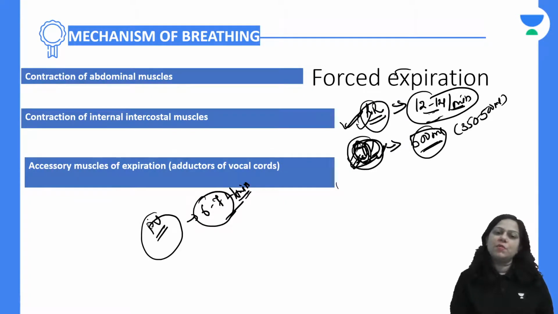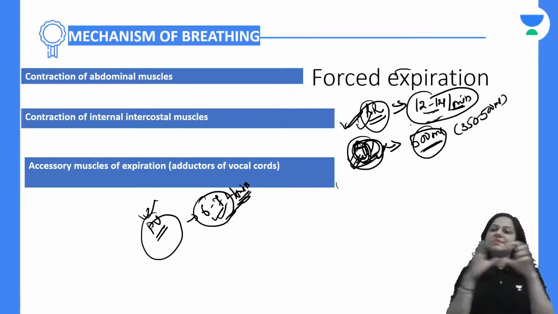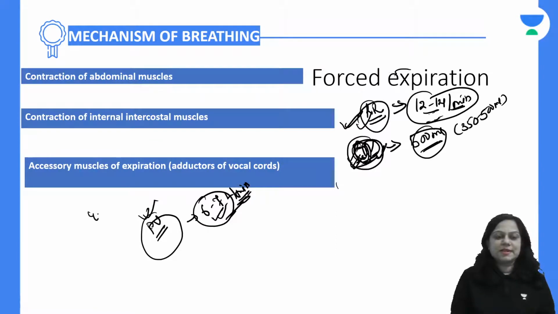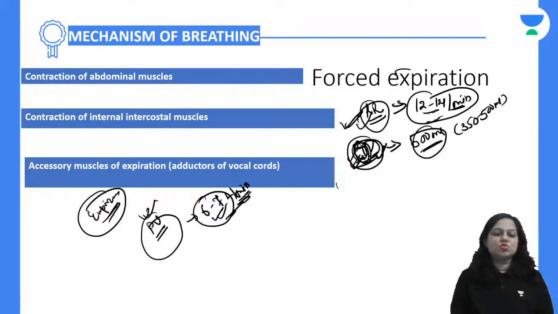Respiration at 12 to 14 per minute is termed eupnea, meaning normal quiet respiration.